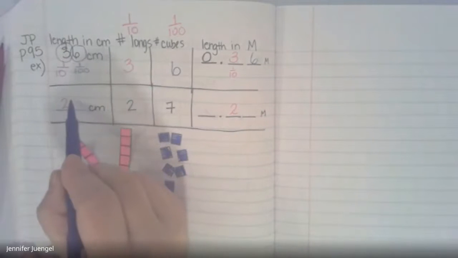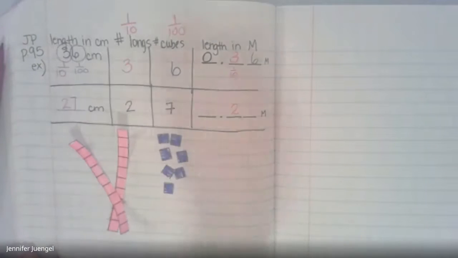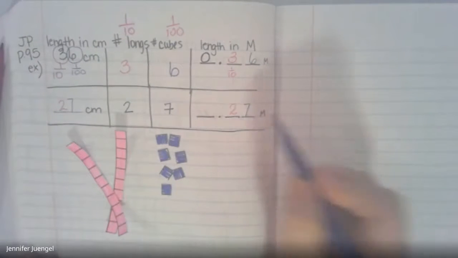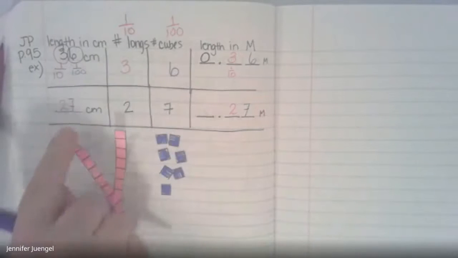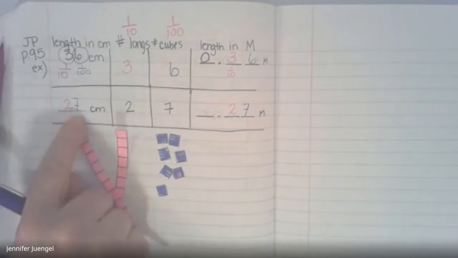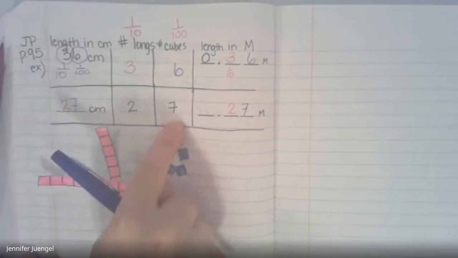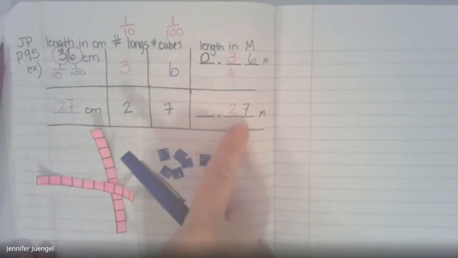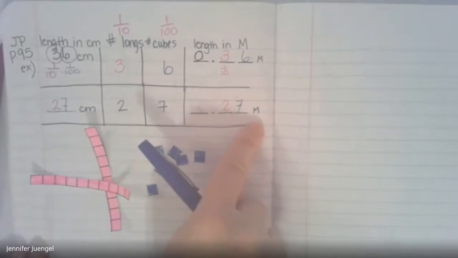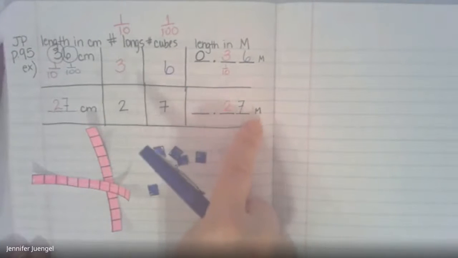So I need to put that in the hundredths place over here in my word, and I also need to write it in my decimal place. So now I can say 27 centimeters has 2 tenths and 7 hundredths. And the way that we say that is 27 hundredths of a meter.